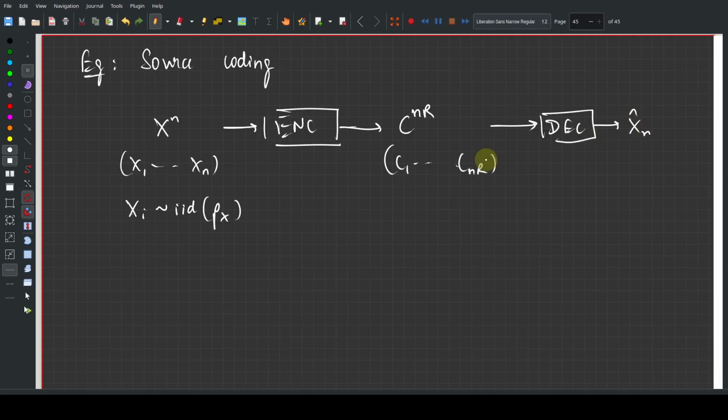I give you a sequence of length n. If I were to just naively store x^n, remember, it's a discrete random variable, then how many bits would I need? No, it's an arbitrary vector x^n, and I don't give you any other information. What is the number of bits that you would need?